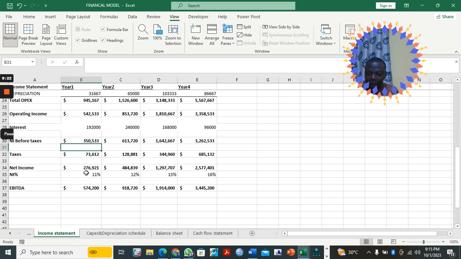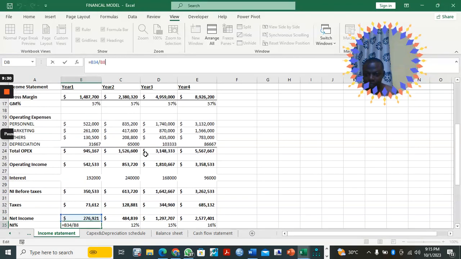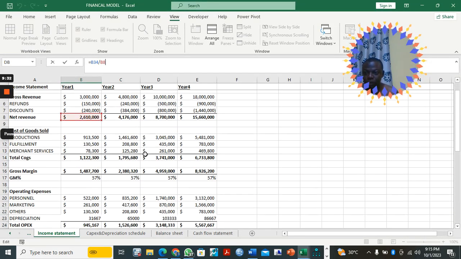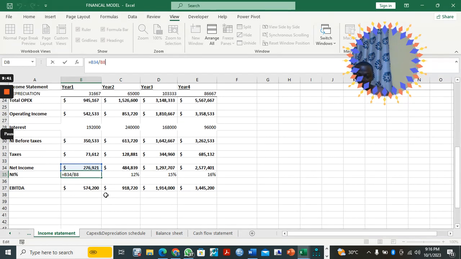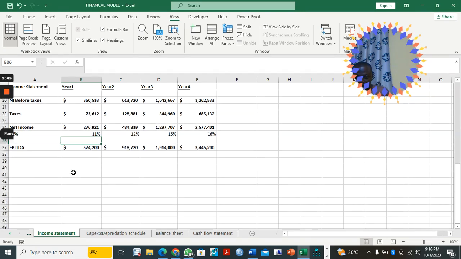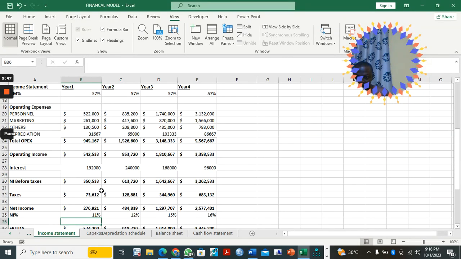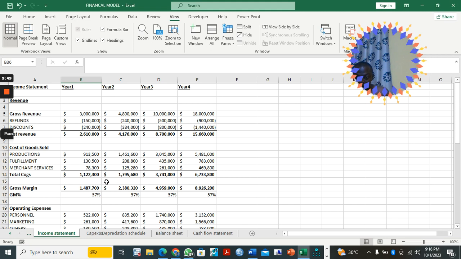Then you find the percentage of your net income. It's simply the net income after taxes over your net revenue. That gives us the percentage of net income. I must also explain the gross margin.